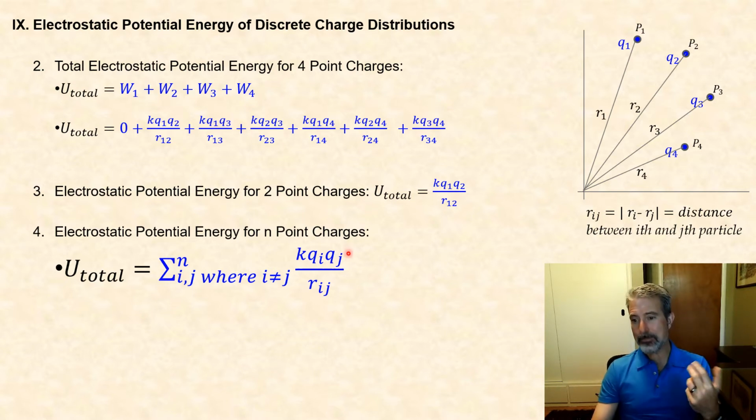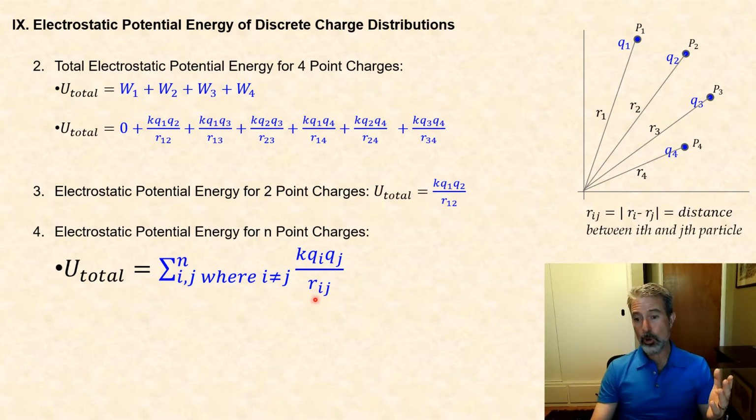And then finally, when we look at 3, the next number in our index, 3, 1 and 1, 3 are the same, and 3, 2 and 2, 3 are the same. We've already included that. 3, 3 makes no contribution, so we end up with 3, 4.